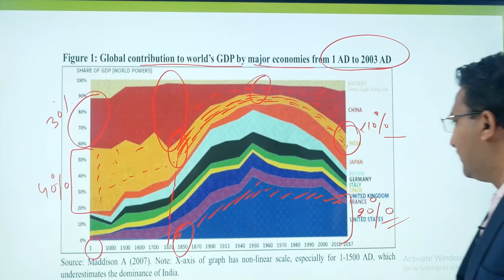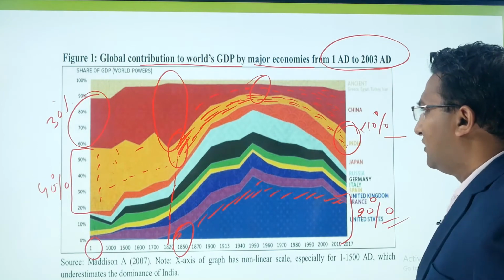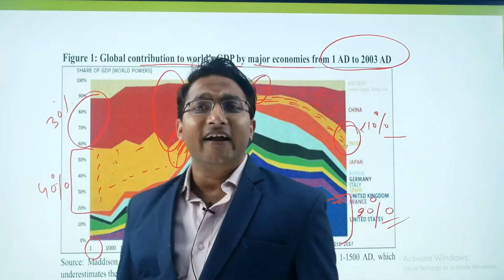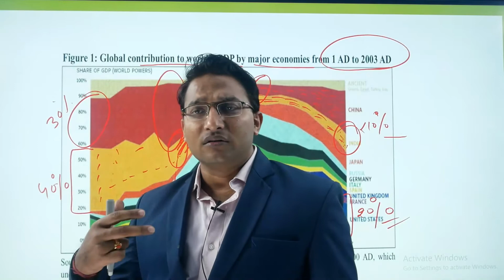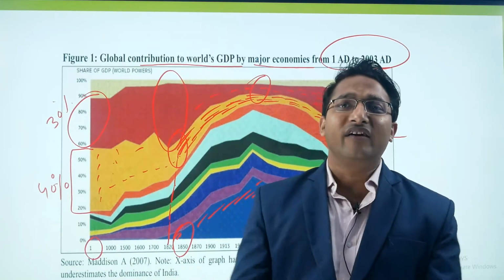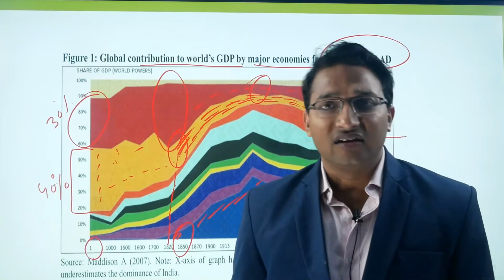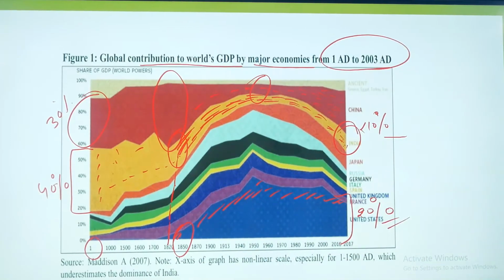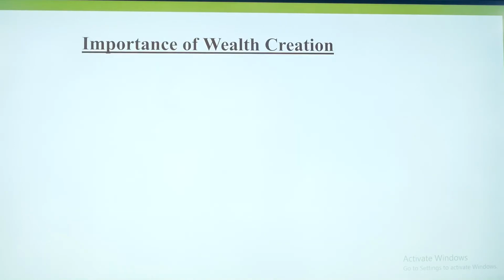So this gives a clear idea that during the last 2000 years there has been a roller coaster ride for the economies, and the contribution of economies has been changing, and India has a very good opportunity in the future. So please remember this diagram. You can use this diagram in your interview, etc.